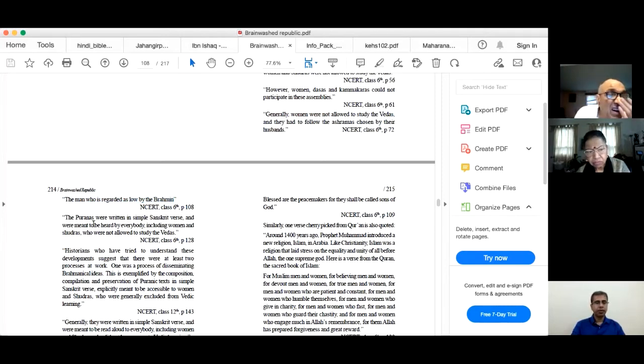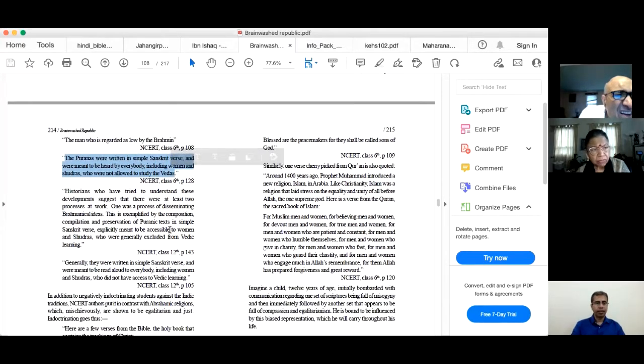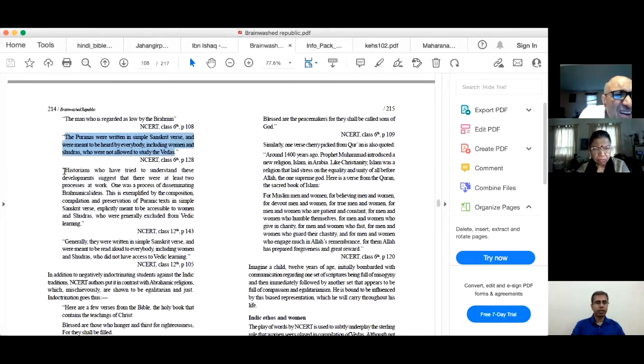Then page number 128, the Puranas were written in simple Sanskrit verse and were meant to be heard by everybody, including women and Shudras who were not allowed to study the Vedas. Then on page 143, historians who have tried to understand these developments suggest that there were at least two processes at work.